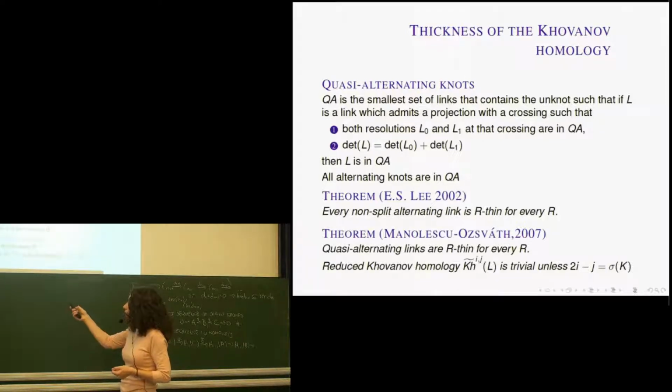So quasi-alternating links consist of the smallest set of links such that the unknot is one of them, and all of the links L that have this kind of recursive property.